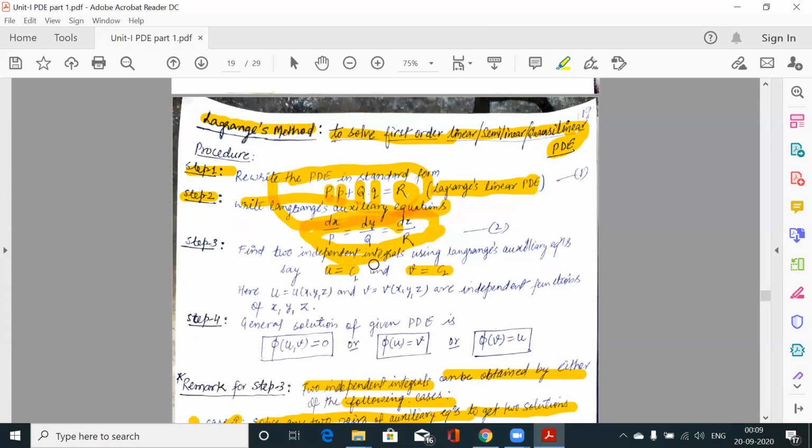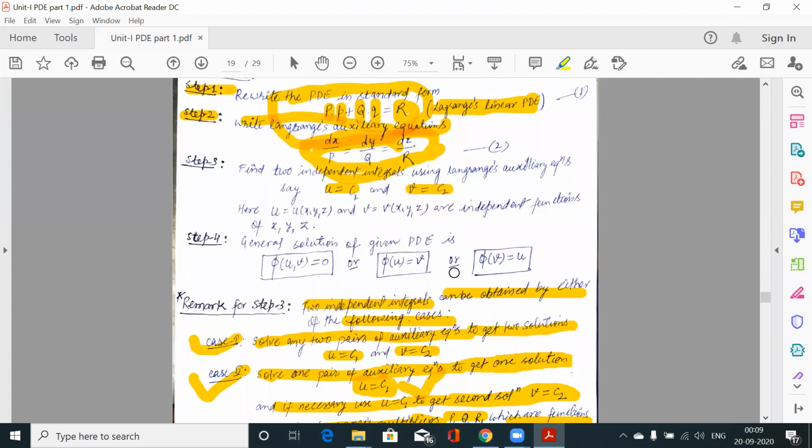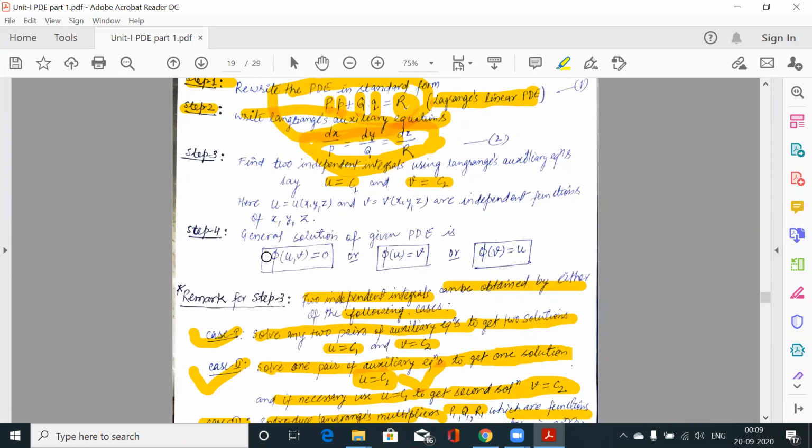Then we have to find two integrals from these three Lagrange's fractions, by direct integration, substitution or multipliers, giving u equal to c1 and v equal to c2. Then the general solution is a function of u and v equal to 0, or function of u equal to v, or function of v equal to u. We can write any of these three forms.